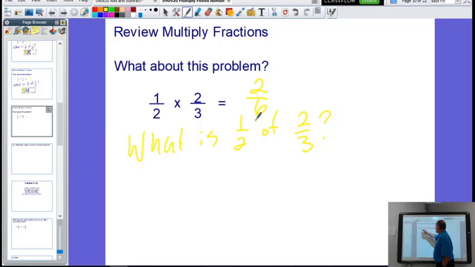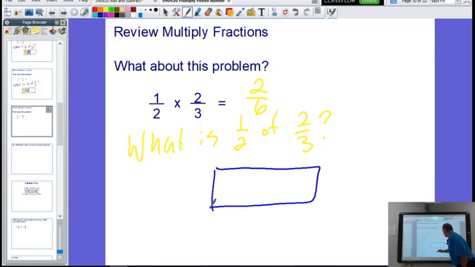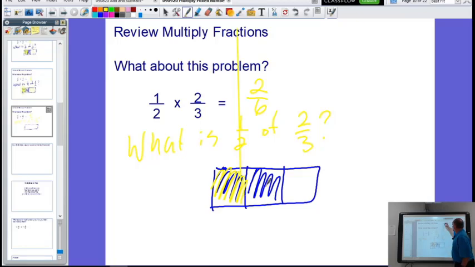Well, let's see if our picture actually models that. Again, I'm going to change my color. So I've got 1, and this says I've got 1/2. And it says, what is 1/2 of 2/3? I need to actually make 2/3 first. So here is cutting into thirds, and I've got 2 of those. 2/3 is 2 of those pieces, and I need 1 of those because I need 1/2 of it.